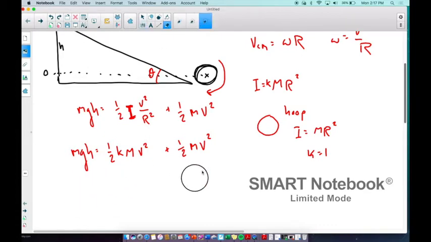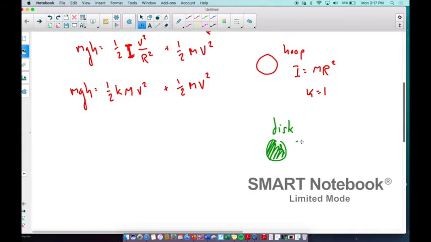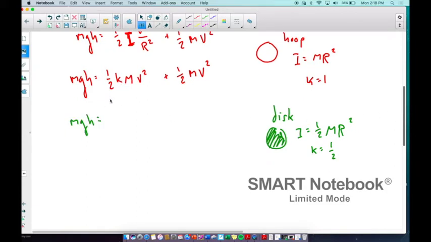Let's see, what if it is a disk? For a disk, we know that the I value is 1/2 mr squared, so the K, as I'm calling it, is equal to 1/2. So I would get 1/4 mv squared plus 1/2 mv squared.